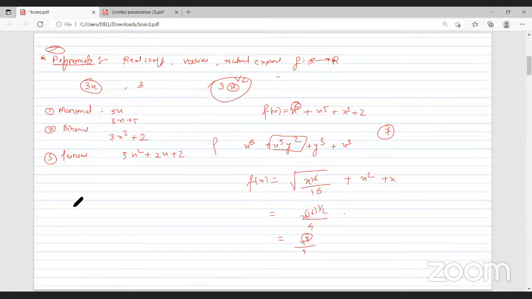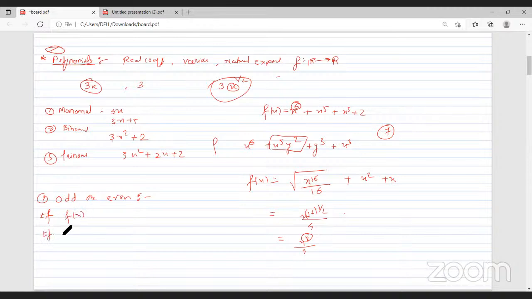Now, someone asked how to find out whether a function is odd or even. If a function f of x is given to us, and we replace x by minus x, and we get the same function f of x, then our function is even. If we get minus f of x, then our function is odd. For example, take f of x equals x square.